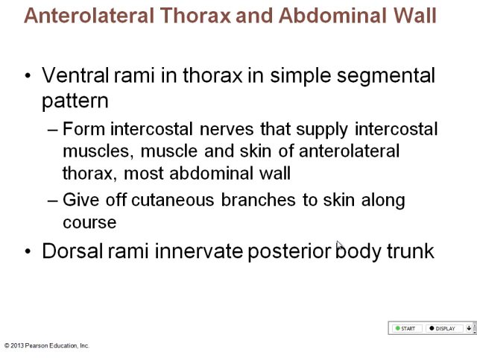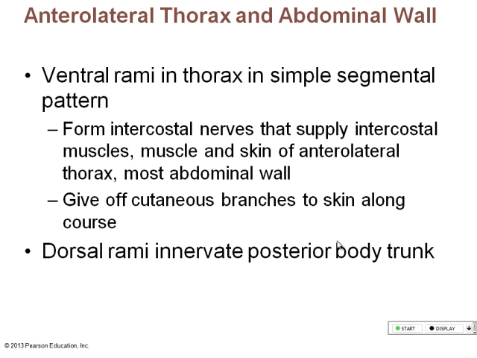We have the anterolateral thorax and abdominal wall. You were probably saying she forgot the thoracic region. Oh, no, no, no, I did not. So ventral rami in the thorax have simple segmental patterns and innervate muscles in that thoracic region.